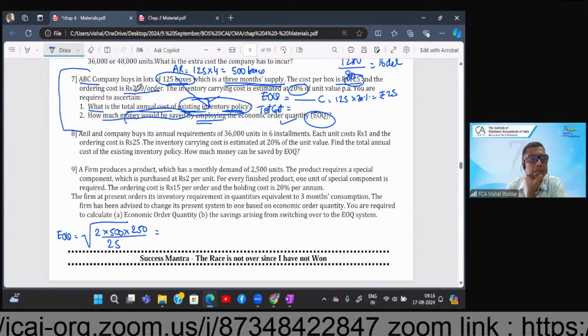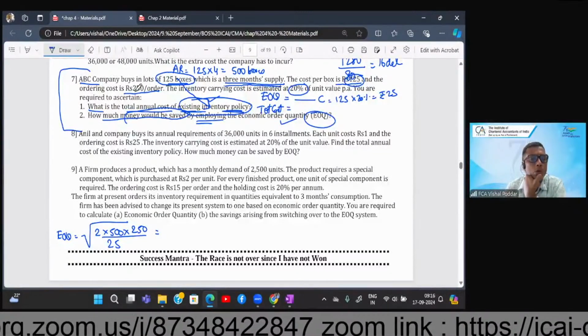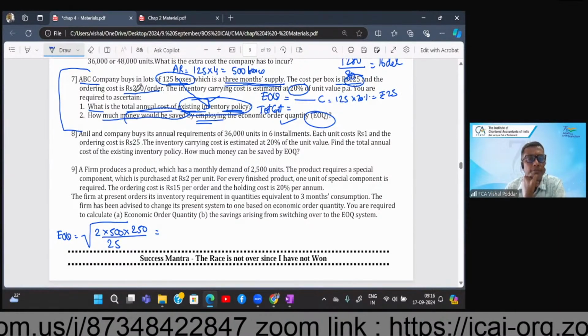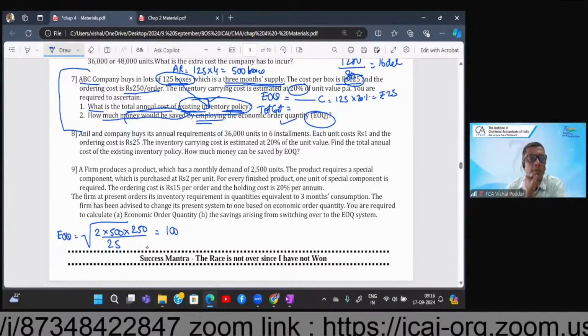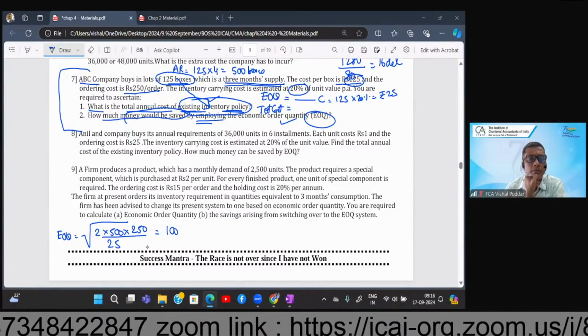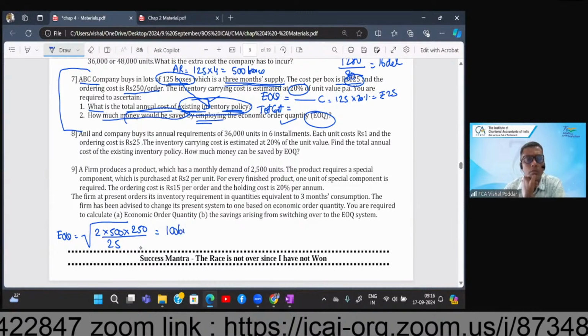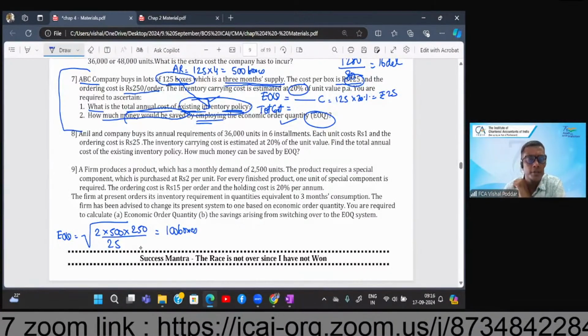Correct? So under root of this is 100. Correct? 100 boxes is the right answer.